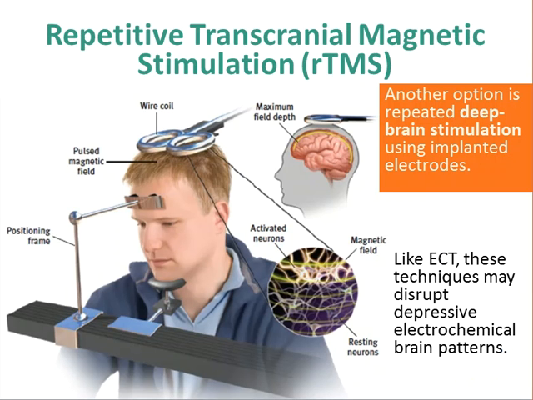Repetitive transcranial magnetic stimulation. Another option is deep brain stimulation using implanted electrodes. Like ECT, these techniques may disrupt depressive electrochemical brain patterns.